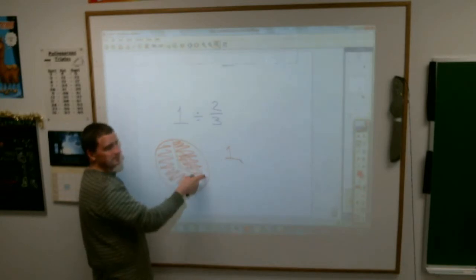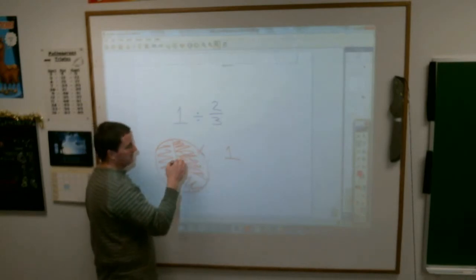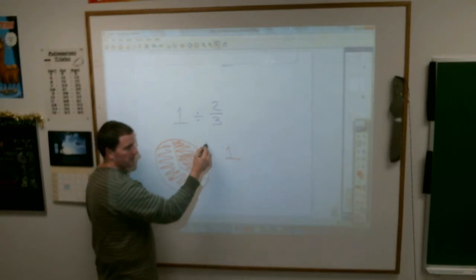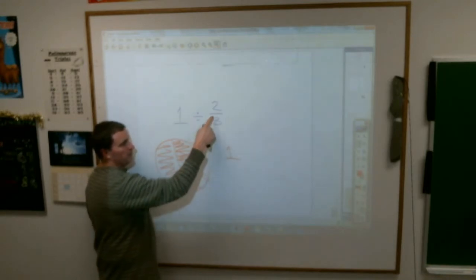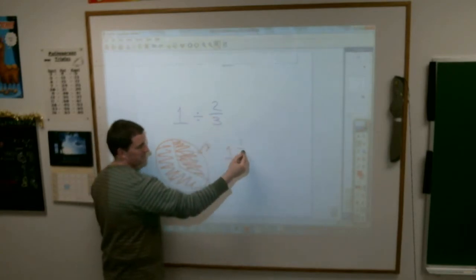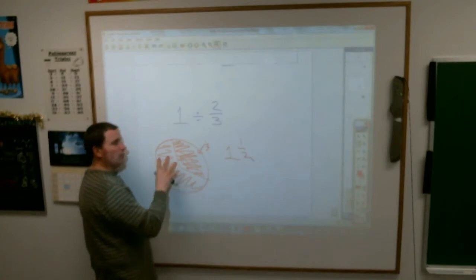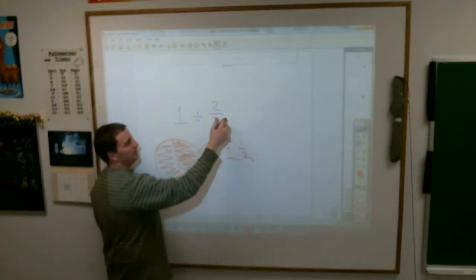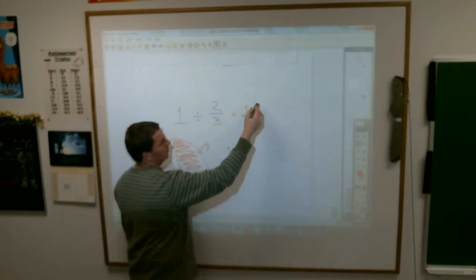Nope. This, by the way, I took out 2/3, so this piece has to be what fraction? This piece is 1/3. 1/3 is what part of 2/3? I can take one whole 2/3 out of it plus a half of another 2/3 out of it. So 1 divided by 2/3 is 1 and 1/2.